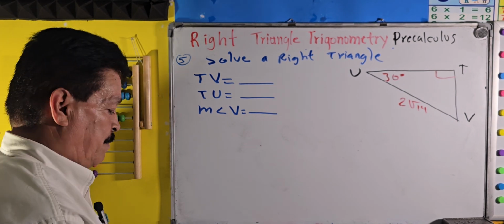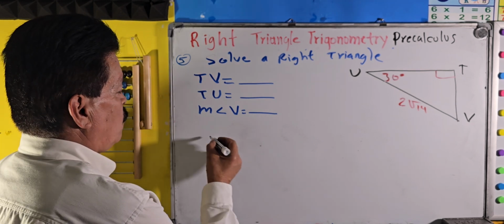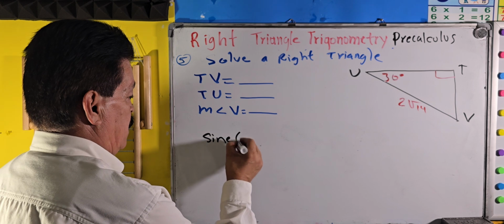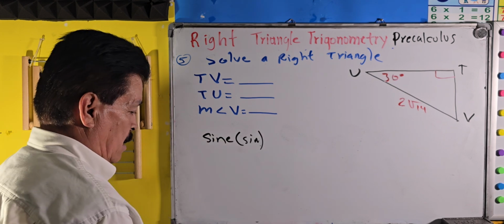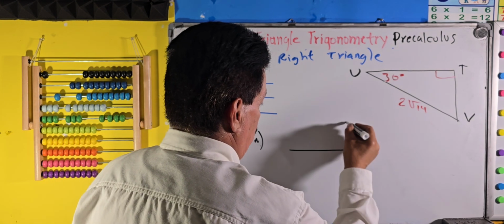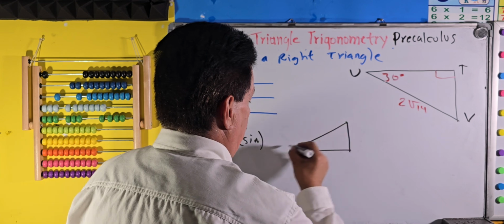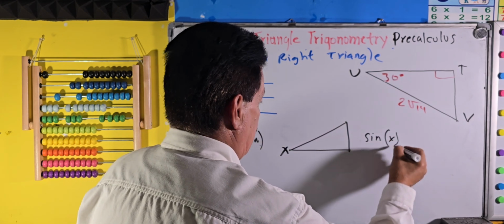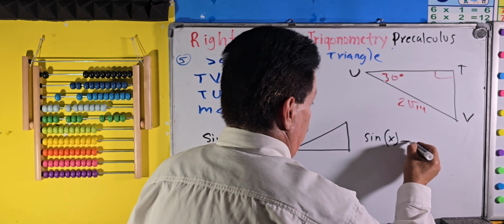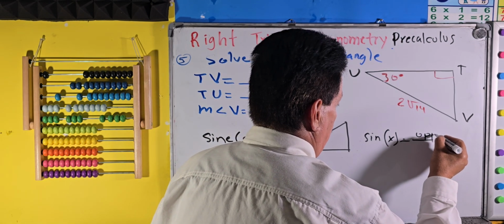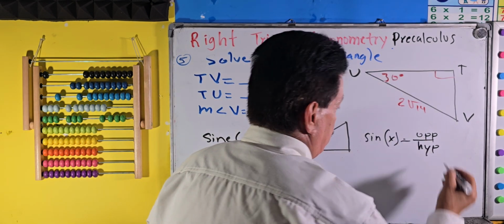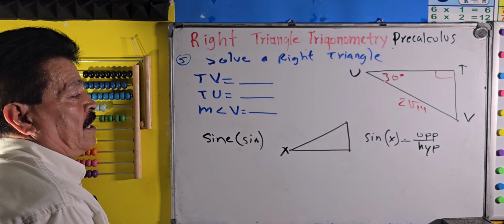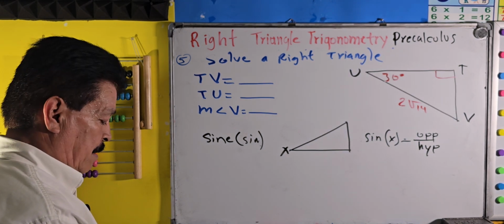All right. First of all, we have to define sine here. I will use sine. Remember, when you have a right triangle with angle x, the sine of x is equal to opposite divided by hypotenuse.